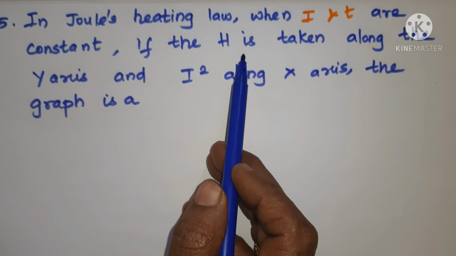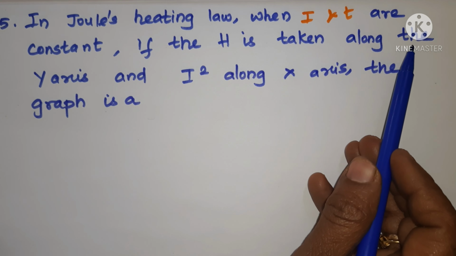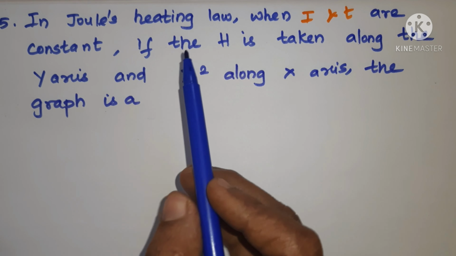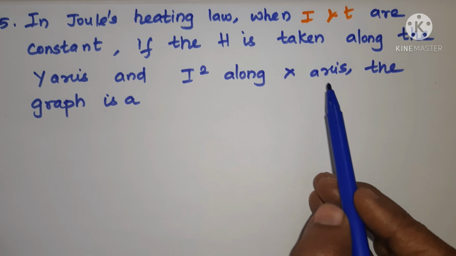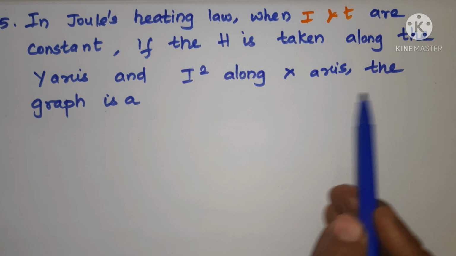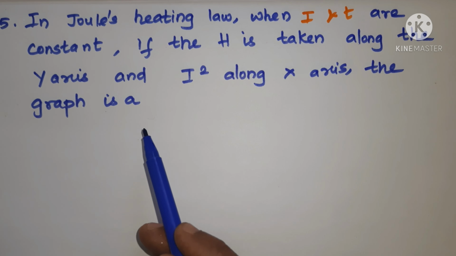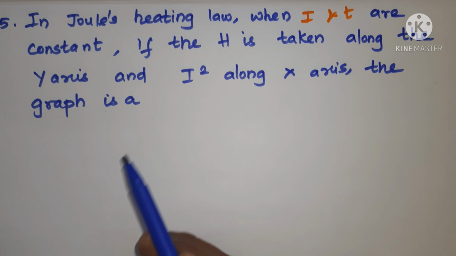In Joule's heating law, when the current and time are constant, and if H is taken along the y-axis and I squared is taken along the x-axis, the graph is a straight line or a parabola or circle, we have to see.